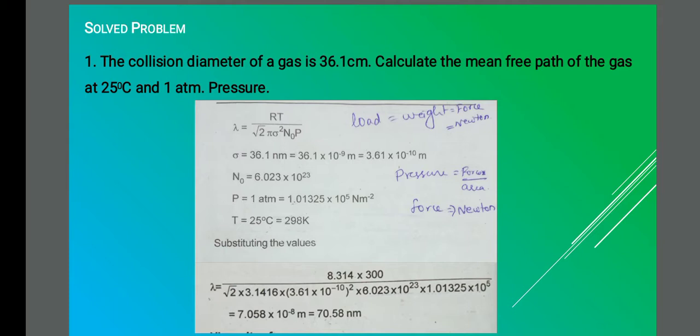Temperature is given in degrees centigrade, so we have to convert it to Kelvin: 25 plus 273, which is 298 Kelvin. Substituting all these values in the formula, we get the answer as 70.58 nanometer. You can cross check it.